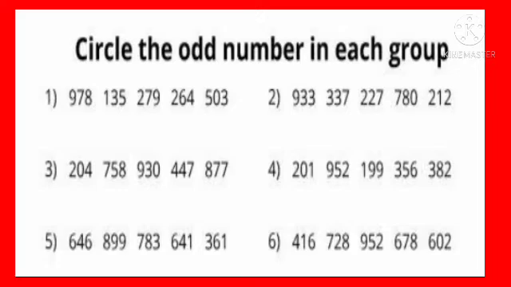In the fifth group, 783, 641, 361 are the odd numbers. In the sixth group, there are no numbers ending with any one of the numbers 1, 3, 5, 7 and 9 in one's place. So, in the last group, there are no odd numbers.